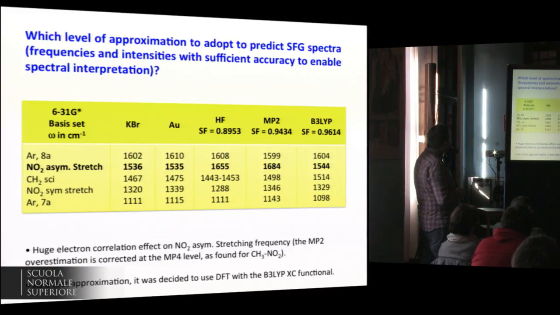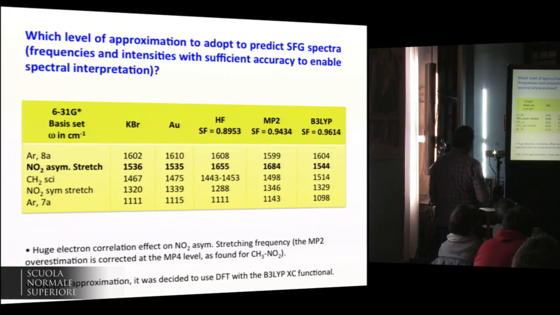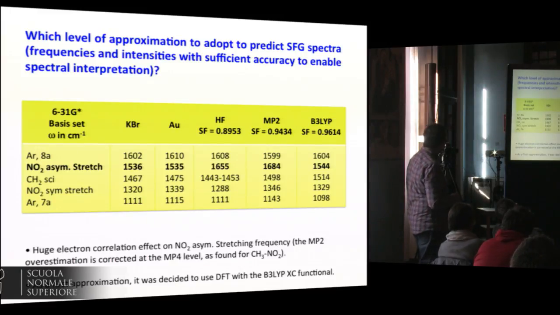What you can see in this table are some vibrational frequencies obtained experimentally, either in KBr or on gold surfaces, and the comparison to RHF, MP2, and B3LYP harmonic frequencies scaled by typical factors.